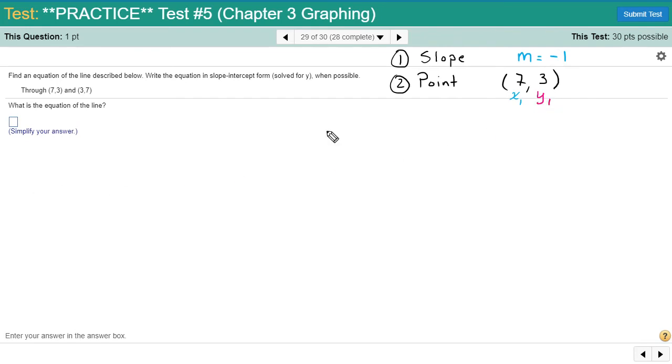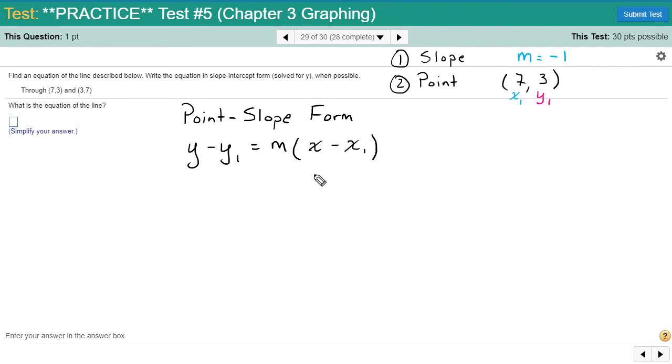And now that we've got ourselves a point, we've got ourselves a slope, we can go ahead and use the point slope form, which is y minus y sub 1 is equal to m times the quantity x minus x sub 1. So let's start plugging and chugging and see what happens.